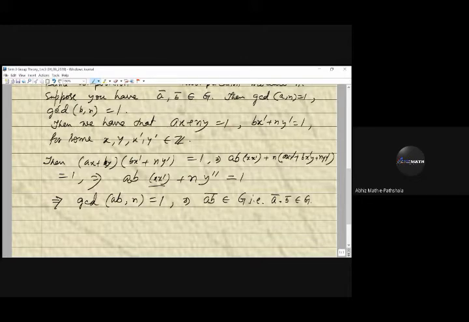So you see that here the composition satisfies the closure property, right?